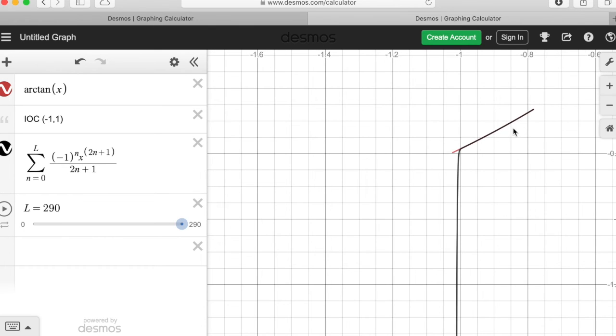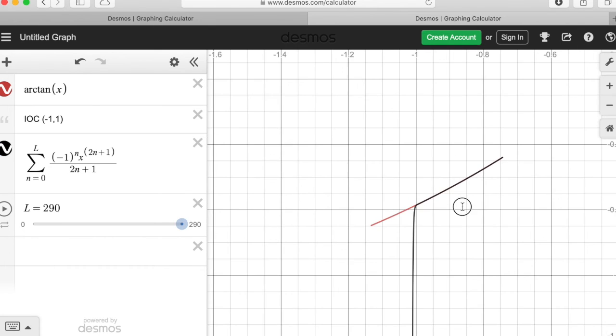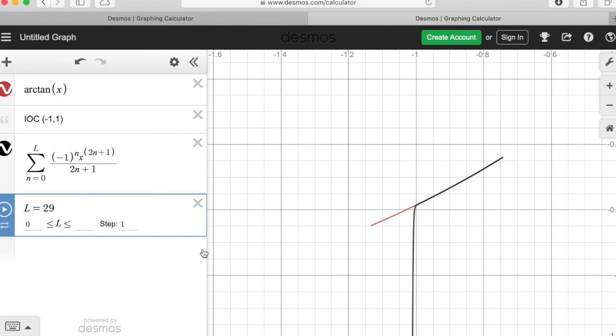So this is the power series for arctan. Desmos seems to have stalled a little bit. But an interesting thing here is this is just a polynomial.